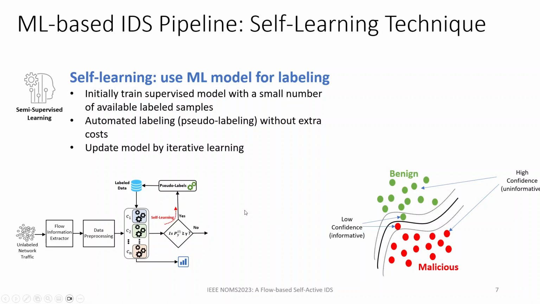But in self-learning, the low confidence samples, where the model has the most uncertainty, will be ignored, which is the issue that we are facing. In reality, these low confidence samples are the informative samples for the machine learning model to be improved, and we should not ignore them.